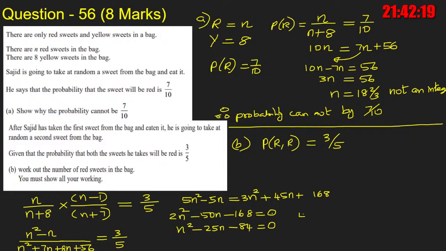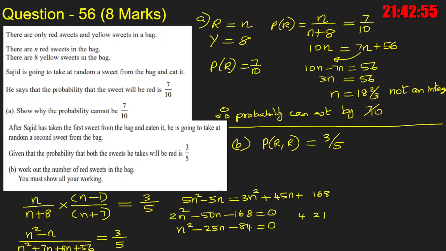So 4 and 21, if I add, that will come. But where I got the plus mistake, 3n squared plus 45n, 168, 5n squared minus 5n. If I bring everything to one side, 2n squared minus 50n minus 168. So I think that's correct. So where did things go wrong?